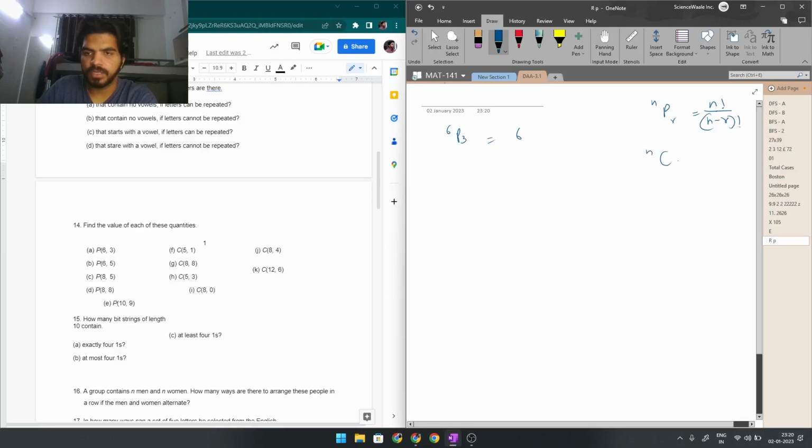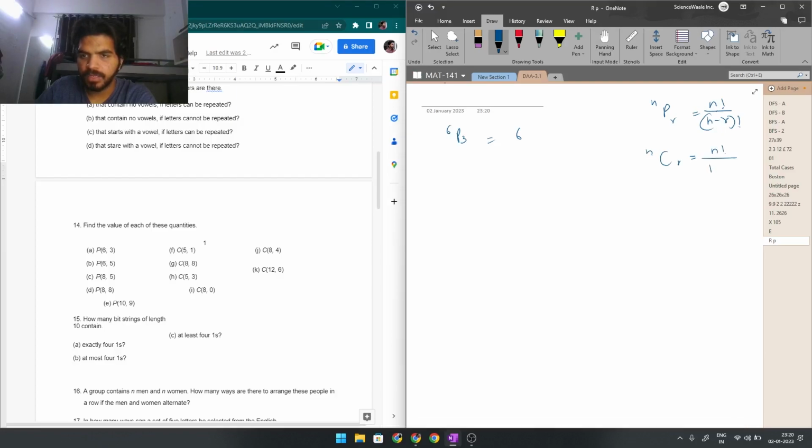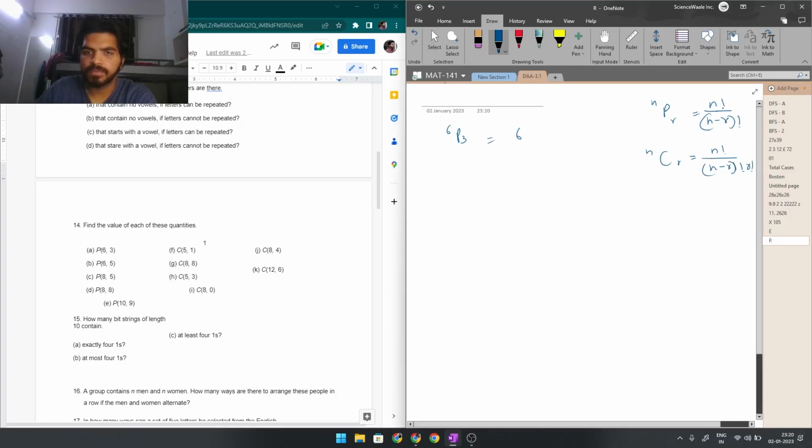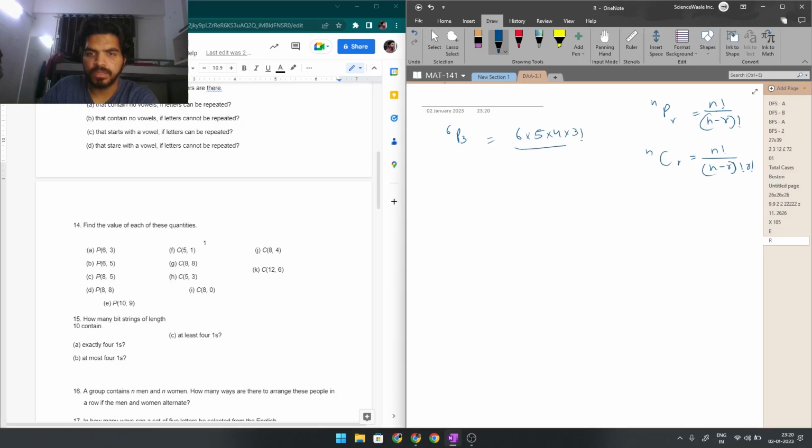And for nCr, n factorial upon n minus r factorial into r factorial. 6P3 will be 6 into 5 into 4 into 3 factorial upon 3 factorial into 3 into 2. That is 3 factorial again. Write one as well if you want. 3 factorial reduced, that will be 20.